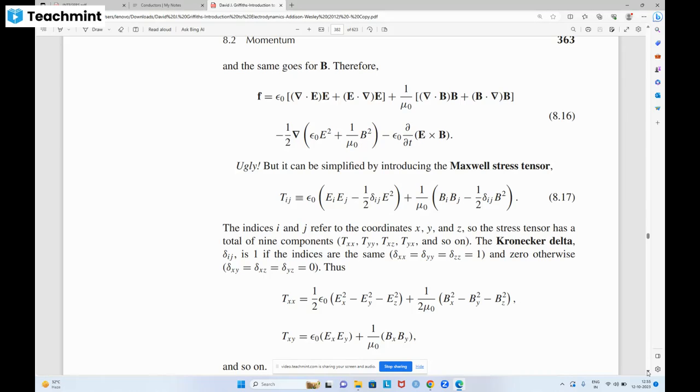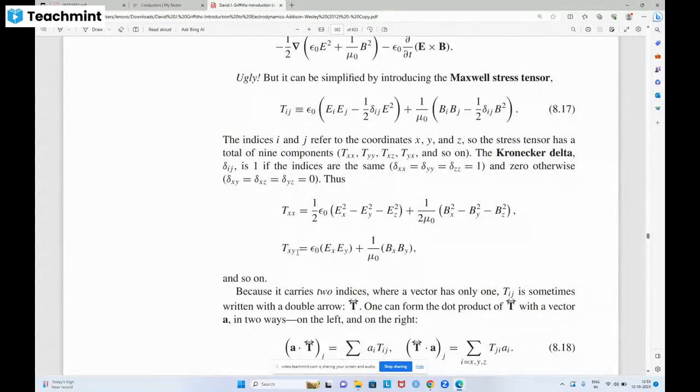And T_xy can be expressed as epsilon 0 E_x E_y plus 1 upon mu 0 B_x B_y, because for different indices delta_ij is 0. That is why we have this. And so on, we can find the other components in the same way.